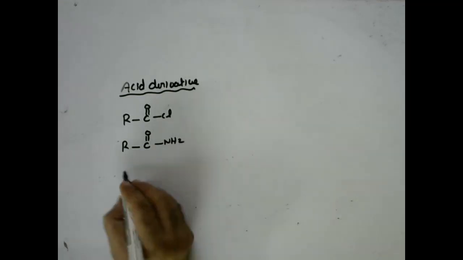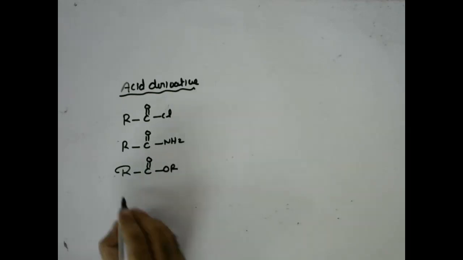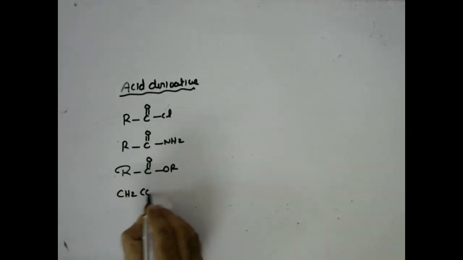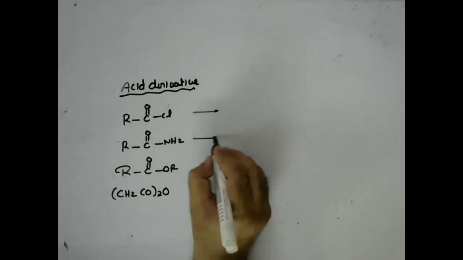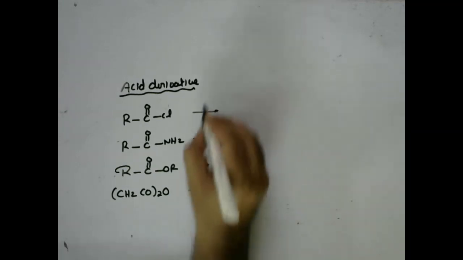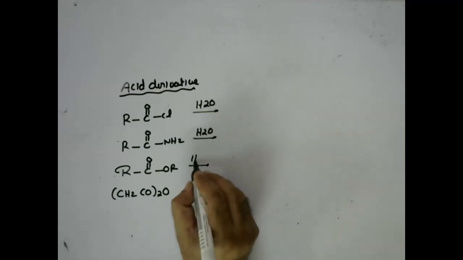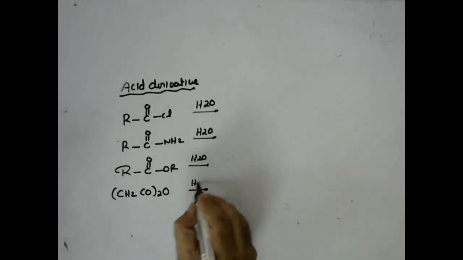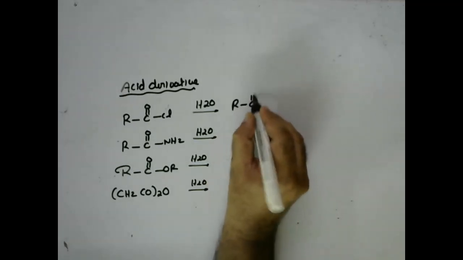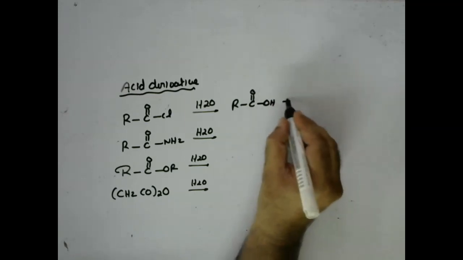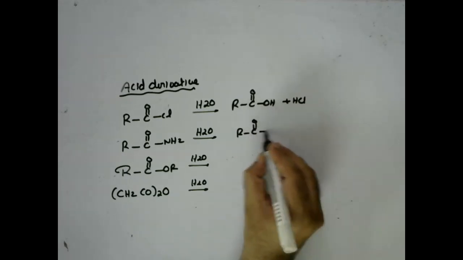You can have an ester, a sweet smelling compound, or you can go for acid anhydride. Any of the compounds you can use. For all of them, simply add water, or do a reaction called hydrolysis. React with water, they will hydrolyze and you will get the formation of the carboxylic acid. So when you put acid chloride and water, Cl is replaced by OH, you get carboxylic acid plus HCl. NH2 group is replaced by OH, you get carboxylic acid plus ammonia.